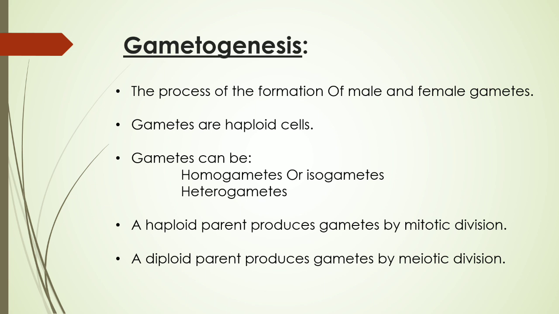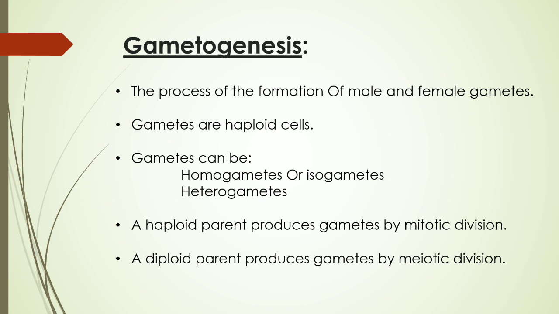Gametes are haploid cells. Gametes can be homogametes and heterogametes. Homogametes are those gametes which are same, both male and female gametes are same in their structure, while in heterogametes both male and female gametes are different from each other in structure and their function.